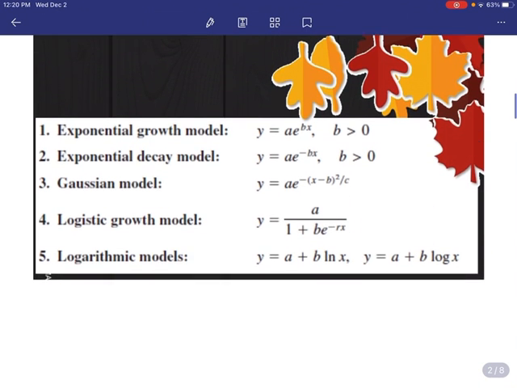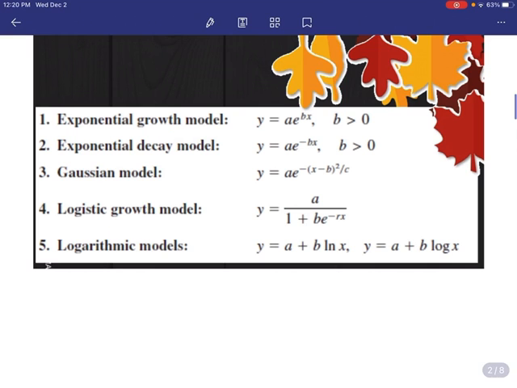Now, the first thing that we need to look at are the different types of models that we have. All it means by a model is basically that it's an equation that can be used for a specific type of application. So our first one is an exponential growth model, y equals a times e to the bx. a and b are just going to be constants, and they're either going to be given to us or we'll be given enough information that we can find them.